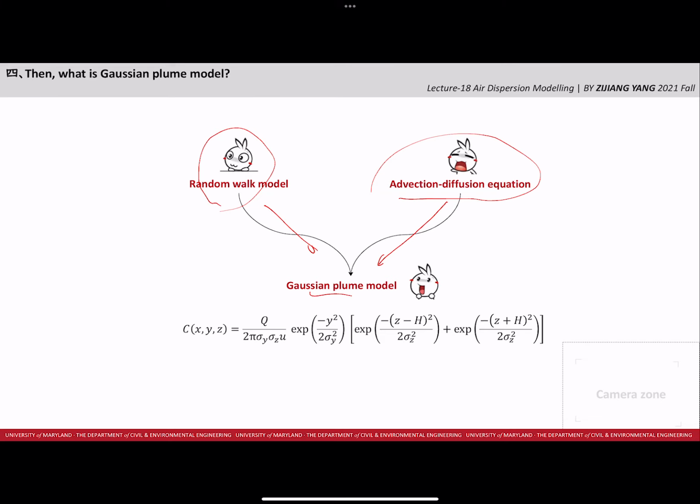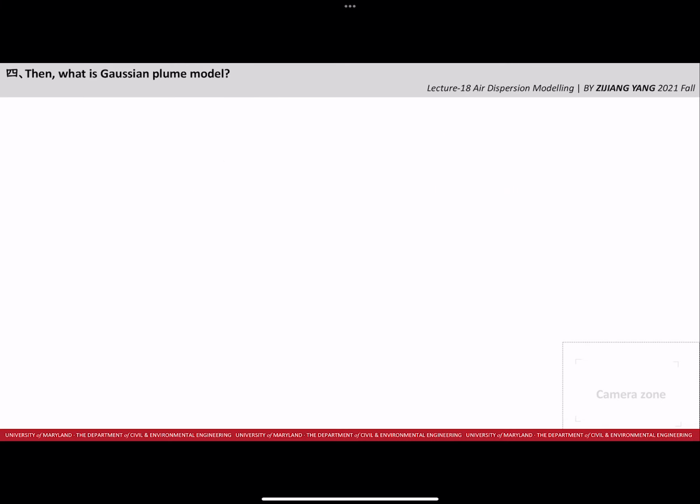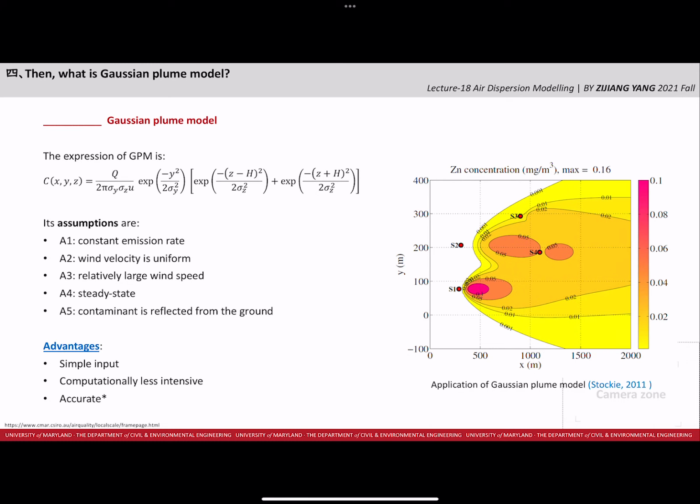Okay, anyway, we have this Gaussian Plume model. So what is the Gaussian Plume model? It is a solution of the advection and diffusion equation. When we are talking about the model, we need to talk about its assumptions.